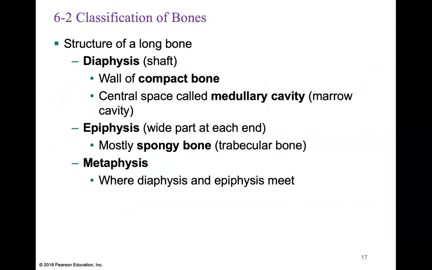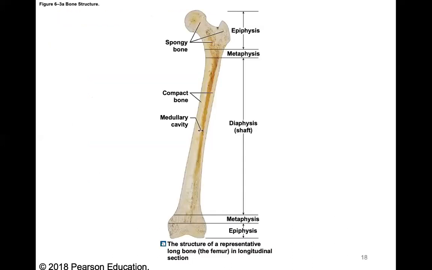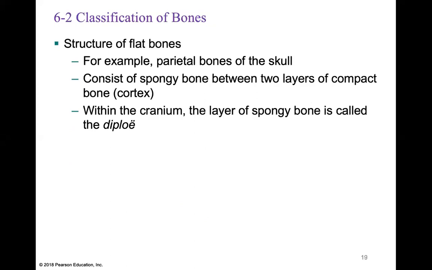And then you have the metaphysis. This is where the diaphysis and the epiphysis meet. Also, and we'll talk about this a little bit later, you have what's referred to as the epiphyseal line, which is going to be the growth line for long bones. Eventually, those will close up. But here's a depiction of the structure of a long bone.